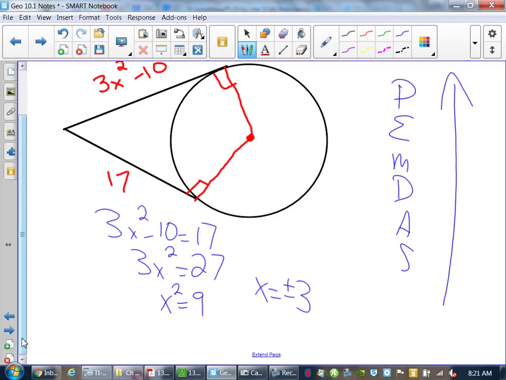Always try to force yourself to do everything you can by moving everything over until you get x squared left by itself, because that's the only time you can take the square root, when you have nothing in front of the x.